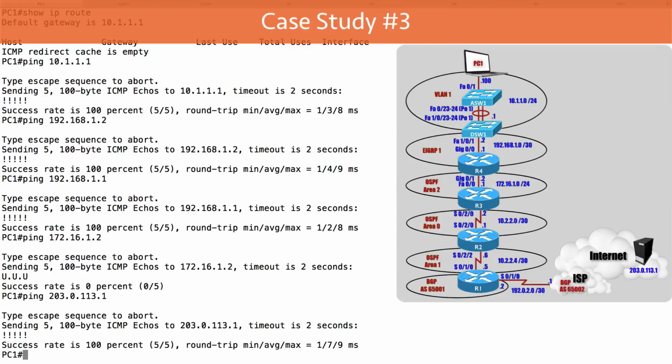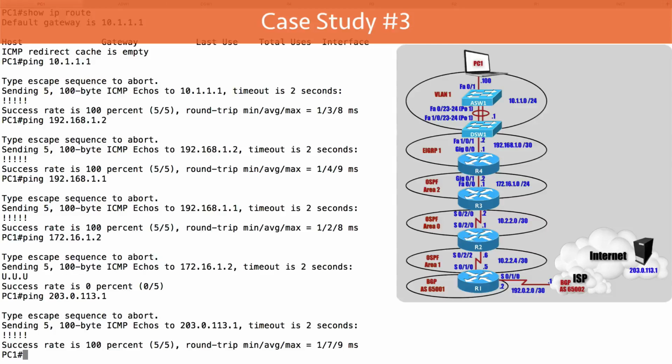Fantastic. The issue we identified was a route redistribution issue. We needed to remember that the default seed metric for EIGRP was infinity, meaning that we needed to configure a metric for OSPF routes being redistributed into EIGRP. But one of the big things we want to take from this video is the strategy. Notice how quickly we isolated R4. We didn't spend time checking VLAN membership on ASW1.